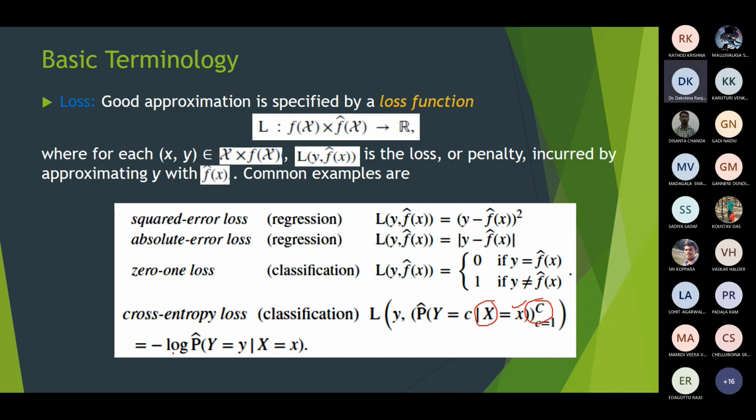In another way, we can represent this cross entropy loss by taking the logarithm over this conditional probability, and that will give us the cross entropy loss for classification.